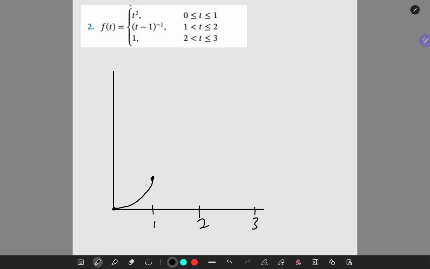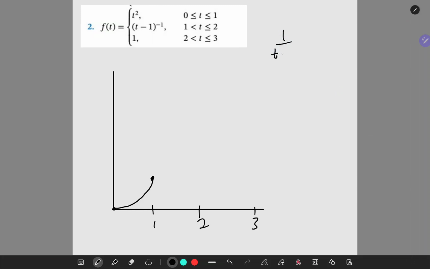I don't even know how to draw that. Let me think about that one. 1 over t minus 1. So, let me think about that.